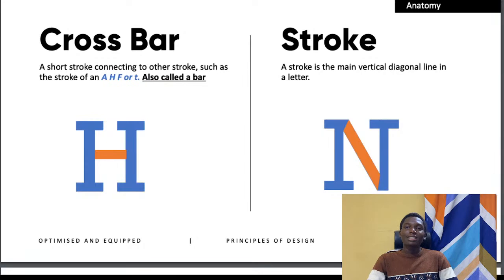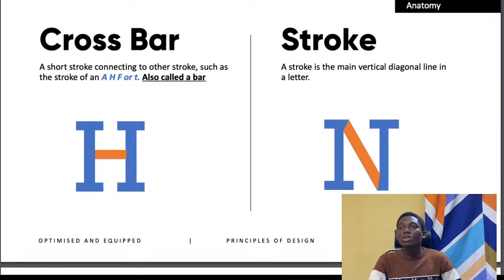If they are capital letters, there is no ascender and descender. The only way you can see the ascender and the descender is in the short letters.